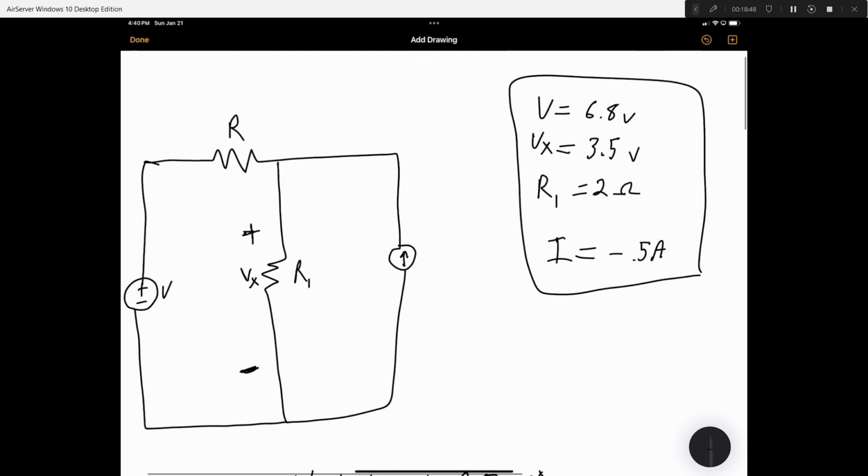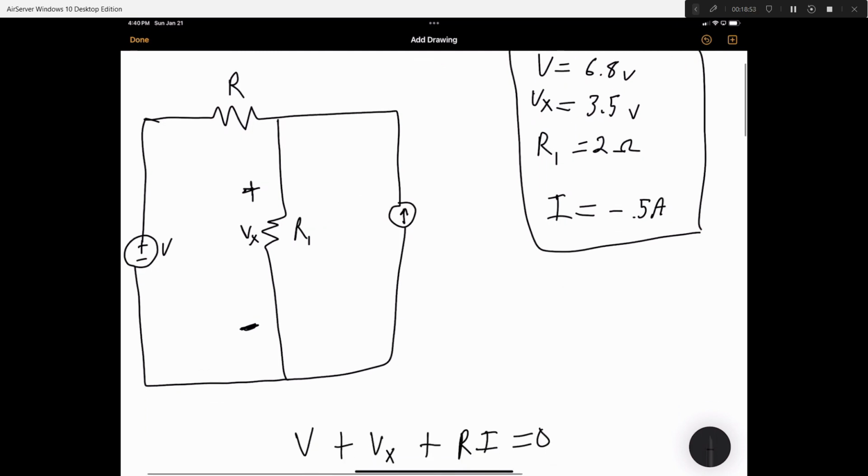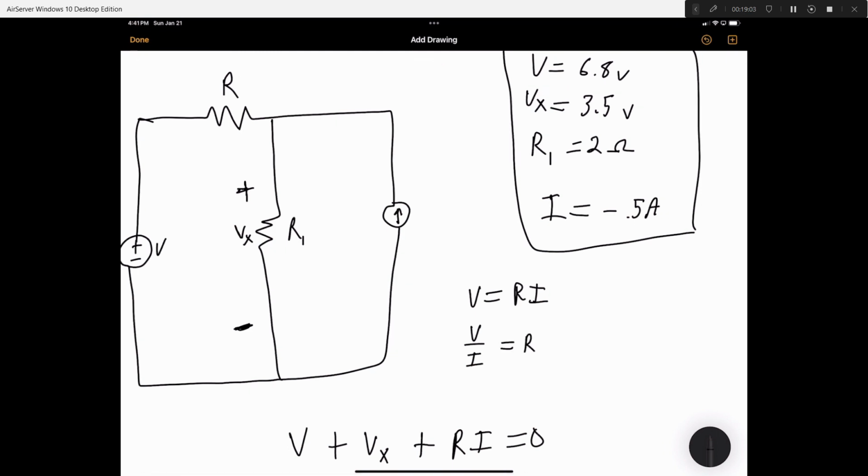We know the resistance here at R1, and we know that voltage is equal to R times I. Voltage over I is equal to R. No, that's not what it would do.